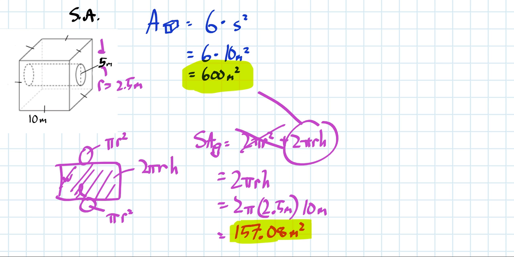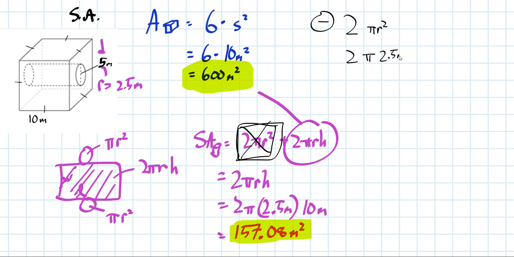So we have to subtract 2 circles. Each circle has an area of pi r squared. So not only do we not add in these 2 circles, but we also have to subtract them from the cube. So 2 times pi times the radius, which is still 2.5 meters, and we square it.